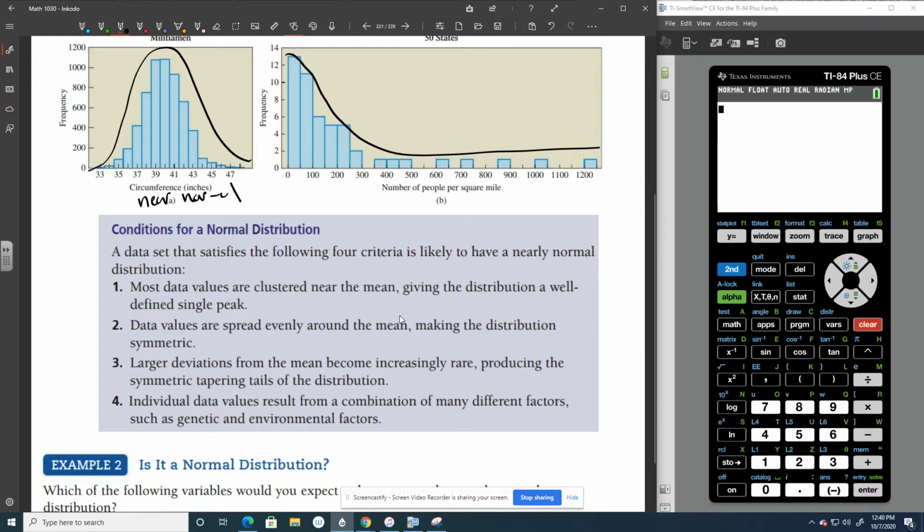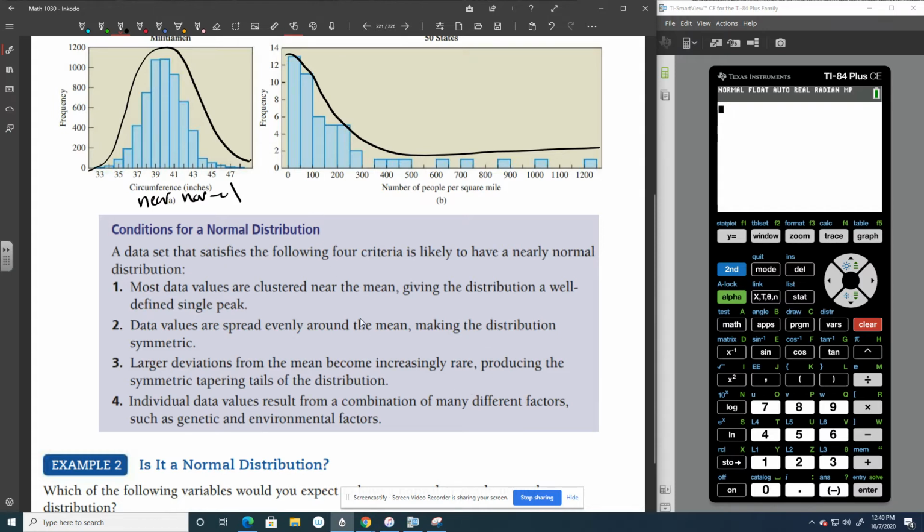Number 3 says larger deviations from the mean become increasingly rare. In other words, the further I go out from the middle, from my mean, the fewer occurrences I have. Okay. And that gives us this tapering that happens at the end. It gets really skinny and not a lot of instances happen.